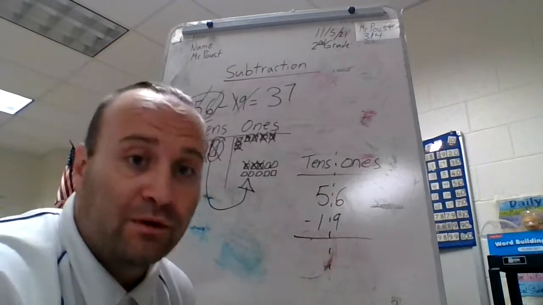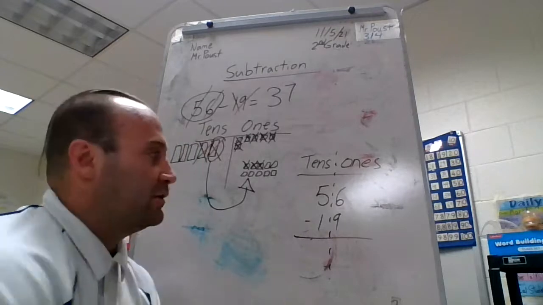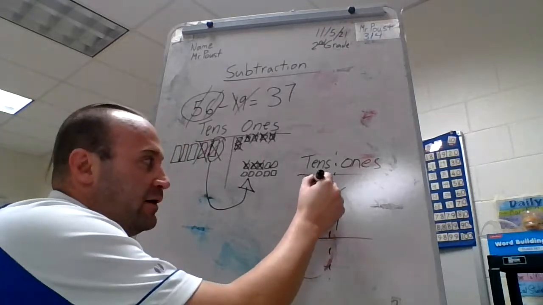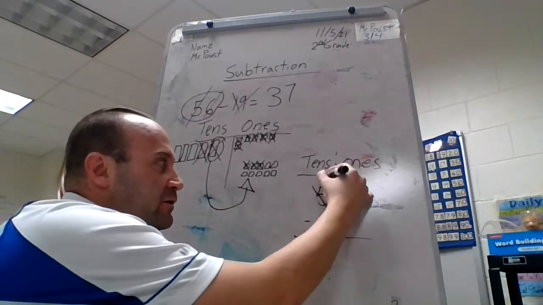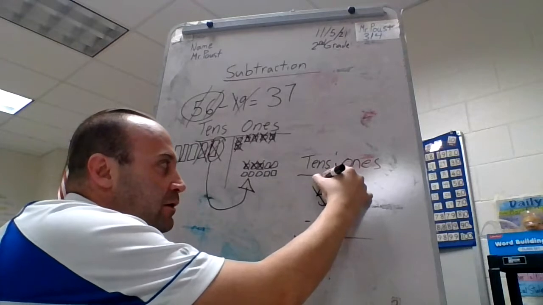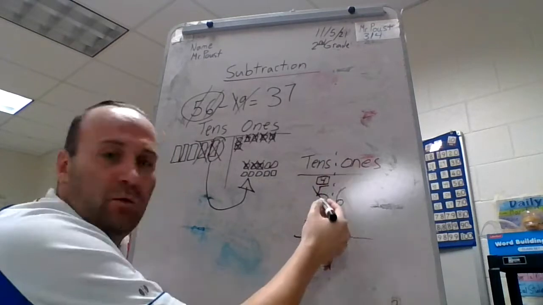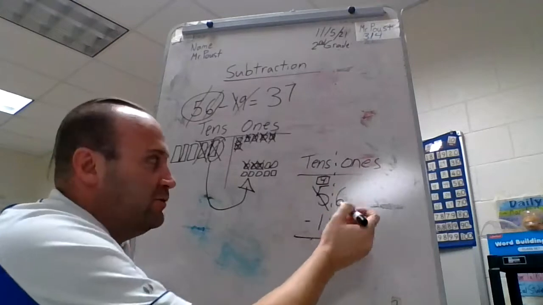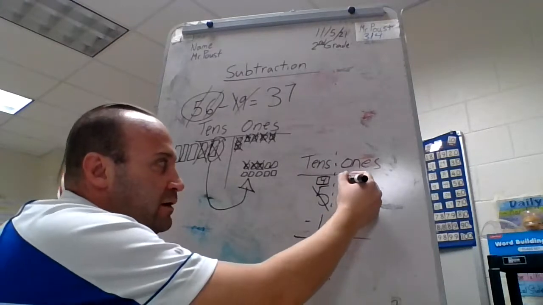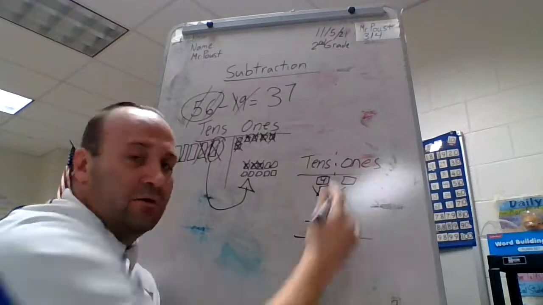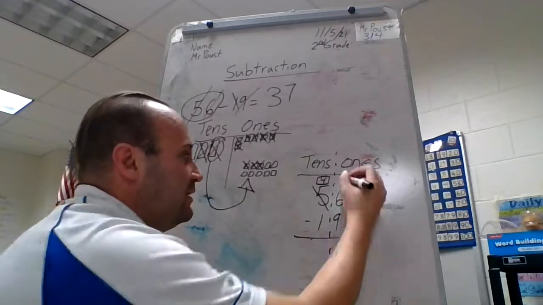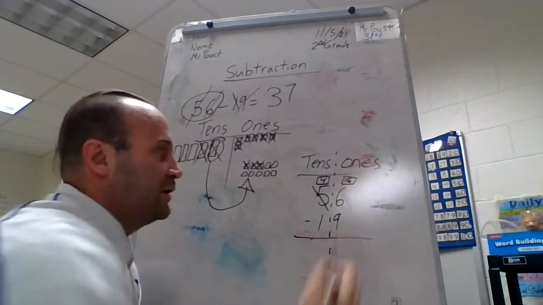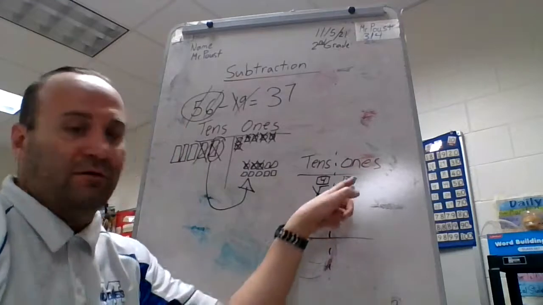So that's when we transfer. So we took away 1 ten, right? So the 5 turns into a 4 because we're transferring 1 ten. And if we move 1 ten to the ones place, 10 plus 6 equals 16. So we're transferring 1 ten, and we get 10 ones.